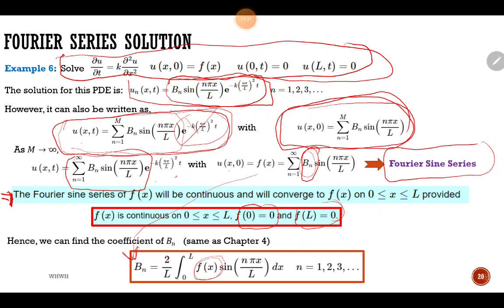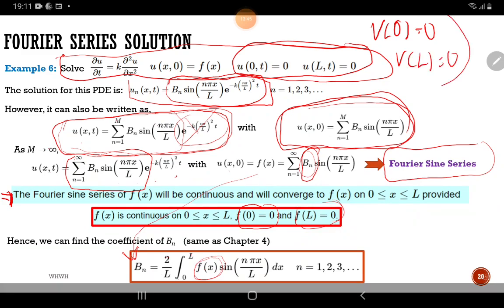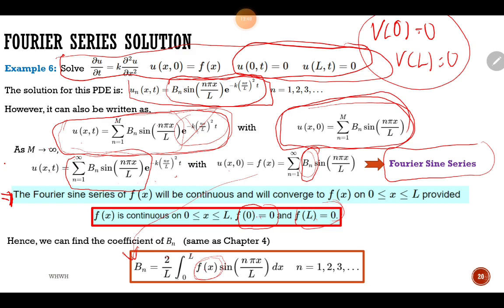Macam soalan ni, kita dah check sebelum ni kan, v0 is equals to 0 and vL is equals to 0. So it satisfy the initial condition of this. So that's why if it satisfy, then you may use this formula. Bn is equals to 2 over L integration from 0 to L fx sin n pi x over L dx.